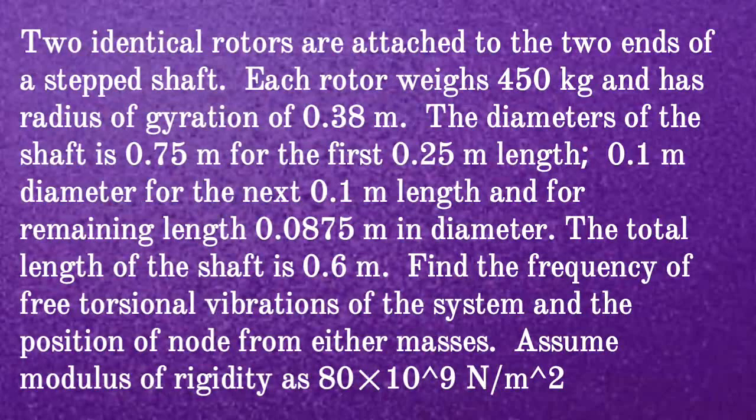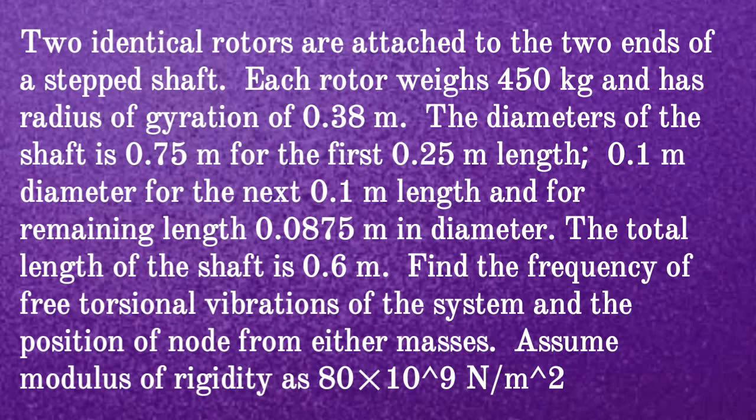Given question: two identical rotors are attached to the two ends of a stepped shaft. Each rotor weighs 450 kg and has a radius of gyration of 0.38 meter. The diameter of the shaft is 0.75 meter for the first 0.25 meter length, 0.1 meter diameter for the next 0.1 meter length, and for the remaining length 0.0875 meter in diameter.